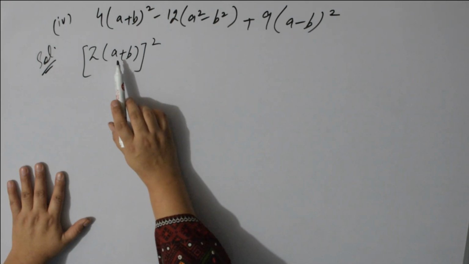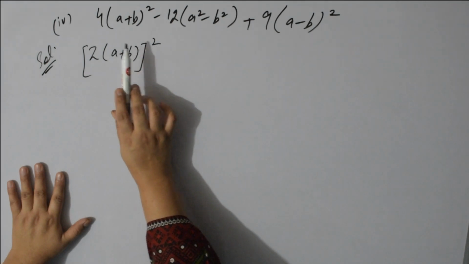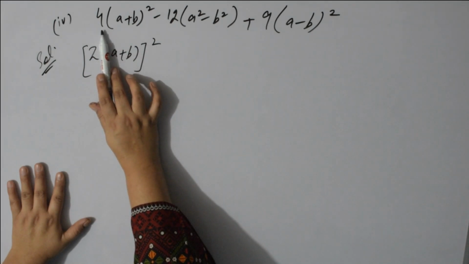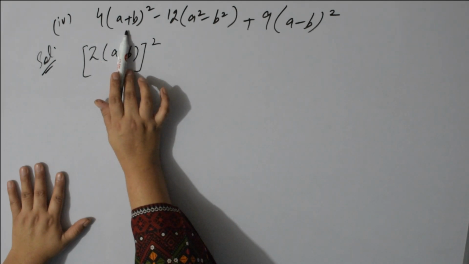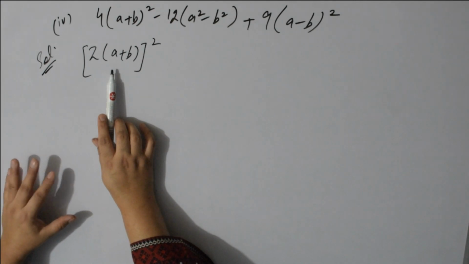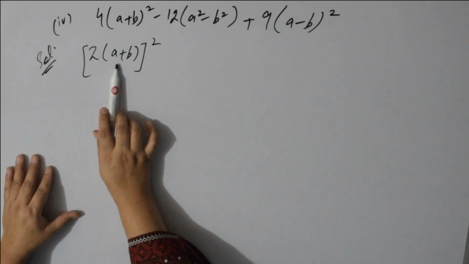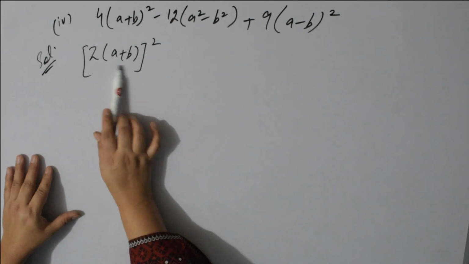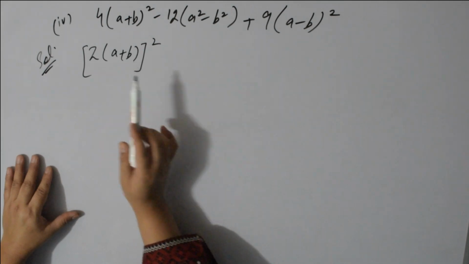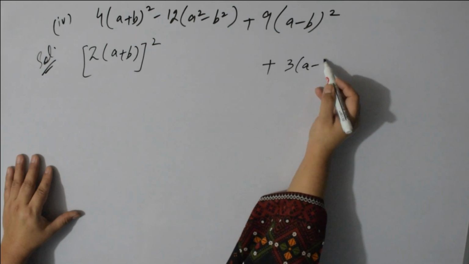So it is 2 into a plus b whole square. Look, I have two terms, first is 4 and other is a plus b, and I need to write both within a square. So I wrote 4 as 2 squared and a plus b whole square. When I open this square, it becomes 2 2s are 4 and 2 times 4 and a plus b whole square. Then come to its last, 3 into a minus b whole square.